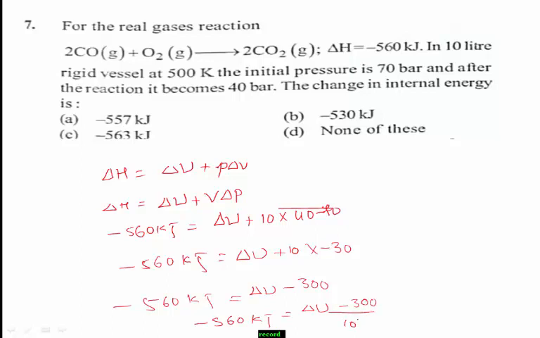divided by 10 to the power of 3 into 10 to the power of 5 into 10 to the power of minus 3. Therefore minus 560 plus 30 kilojoule equal to delta U. Therefore delta U equal to minus 530 kilojoule.